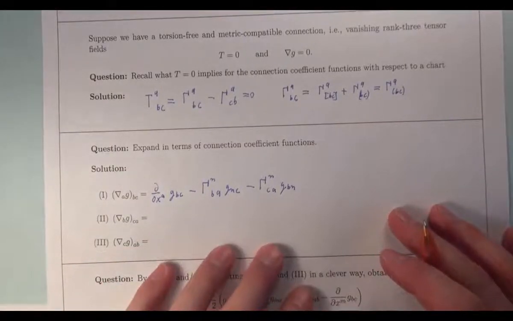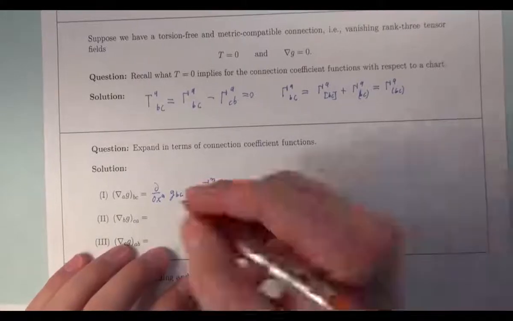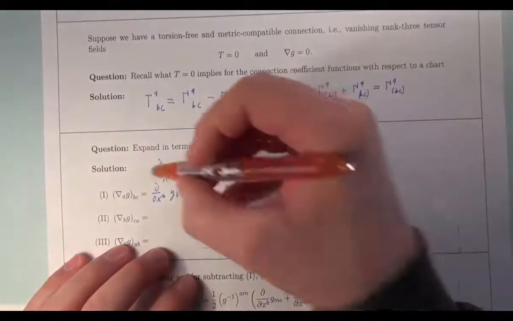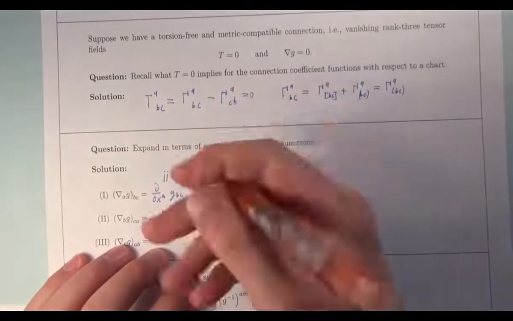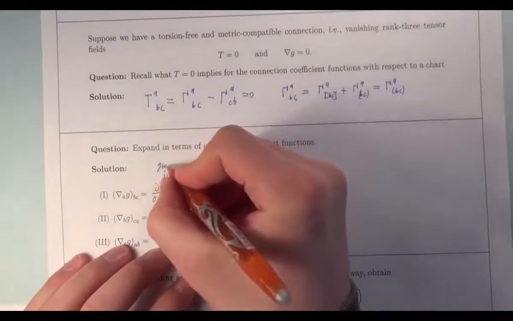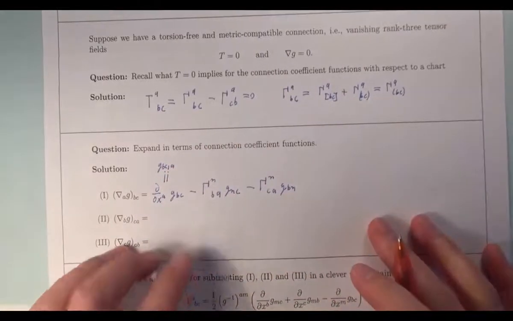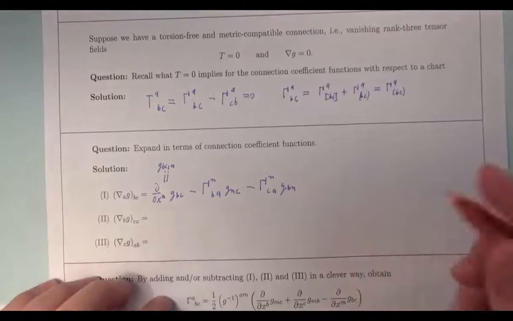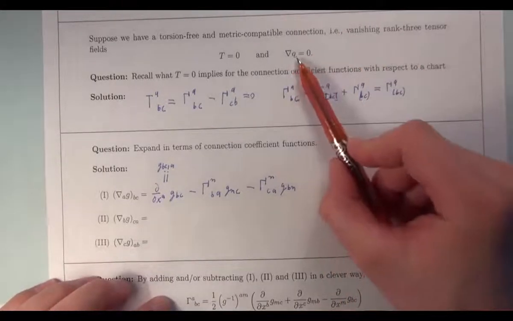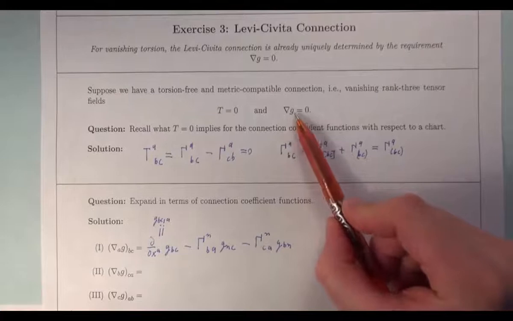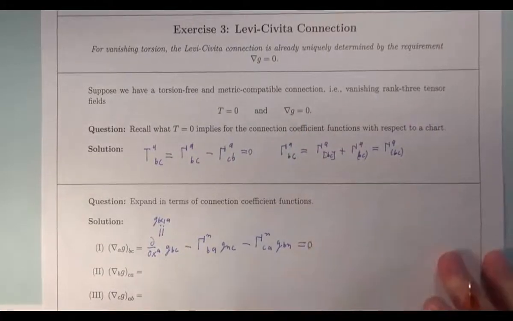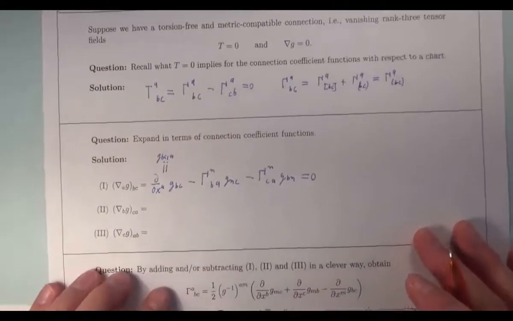For later on, I will now introduce a short notation. We define g_bc,a as this guy, and I will use it from now on. Since we have that the covariant derivative of g is equal to 0, we already know that this equation yields 0. Okay.